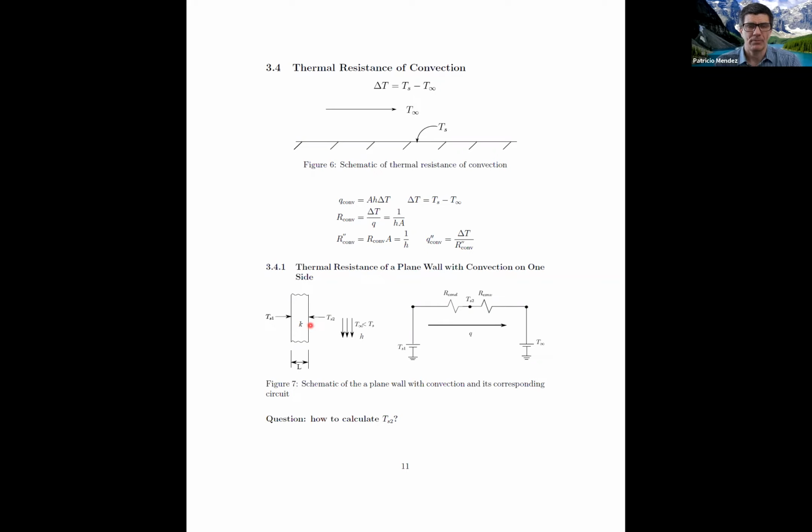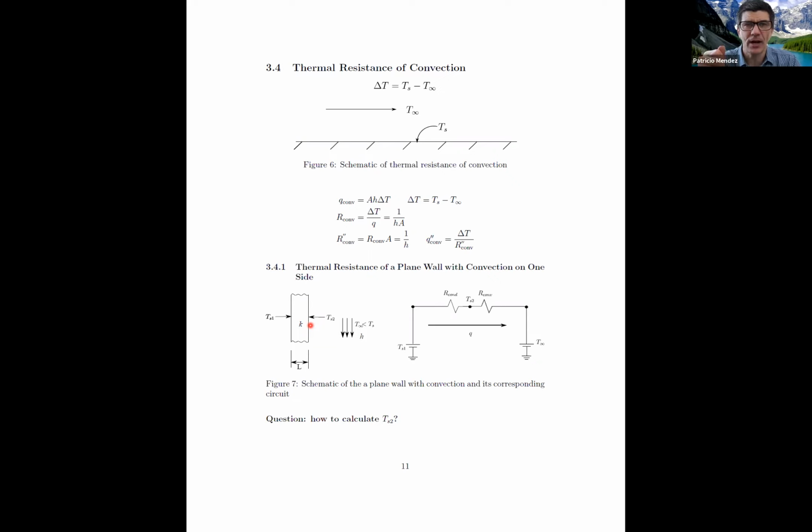For example, if you're measuring heat loss in your house, you know the temperature in your house and you would know the temperature outside, but you don't know the temperature on the wall. You can bring a thermal imaging camera, like the drywall inspectors, and those measure temperatures of the wall, but it's so uncommon that you would know the temperature of the wall.